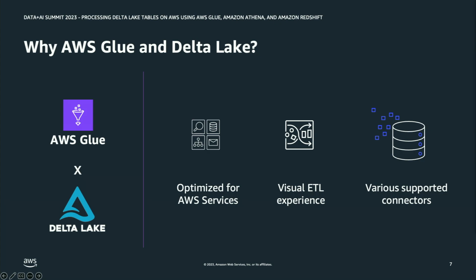Second, Glue enables you to implement data integration on a visual interface. It does not require deep expertise in this area. The third, AWS Glue supports various kinds of connectors. It means you can connect to on-premise data sources, AWS data stores, other cloud data stores, and of course, SaaS applications as well.